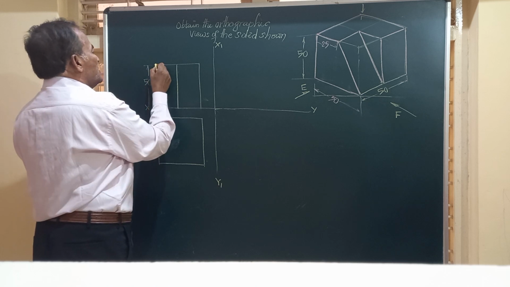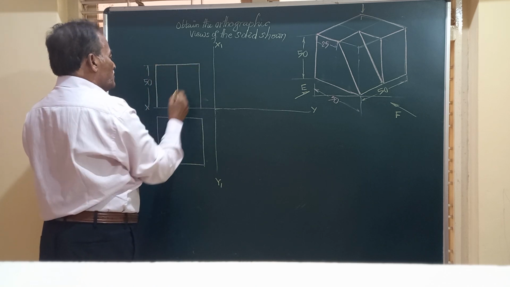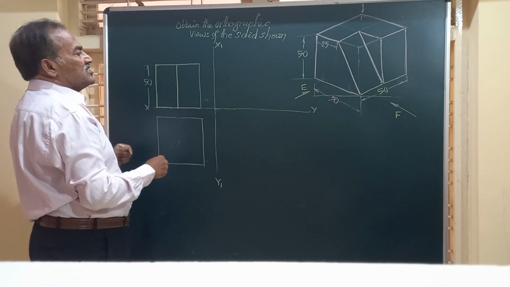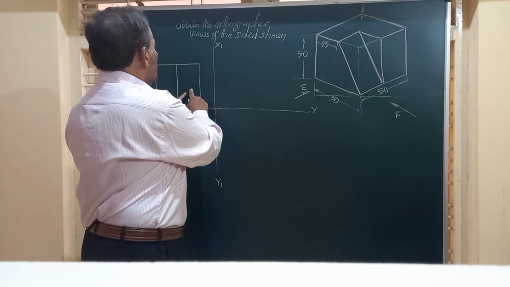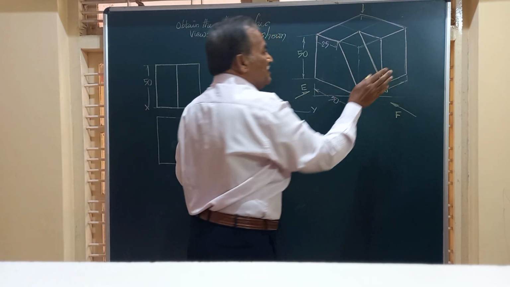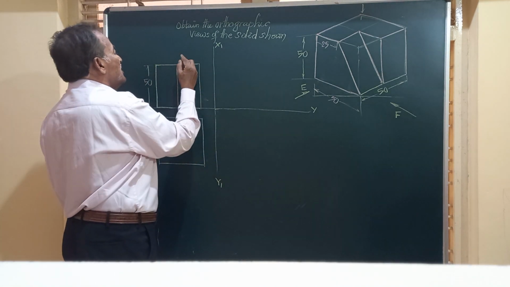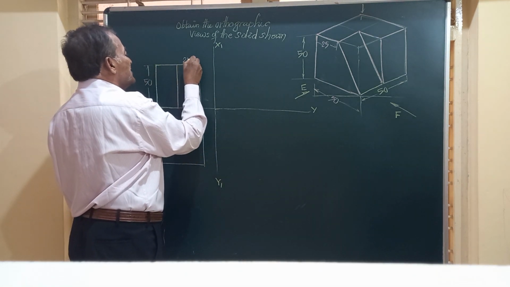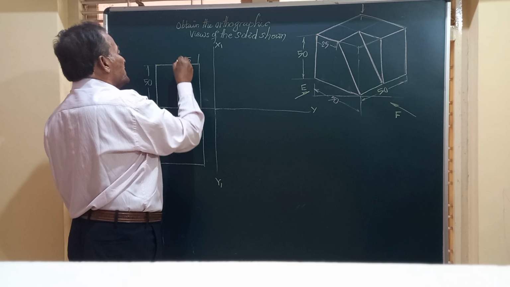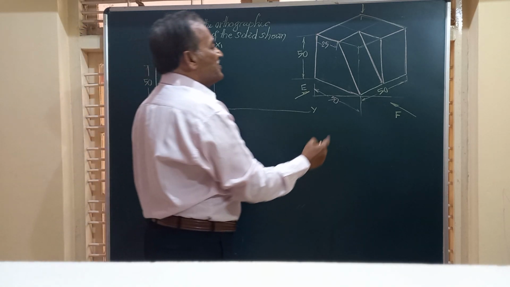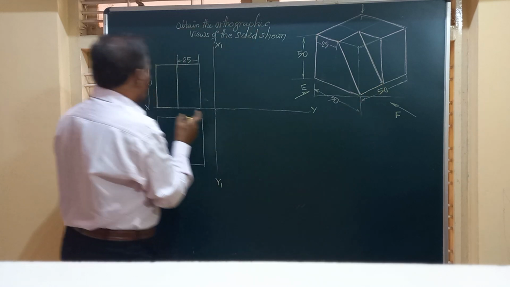So friends, we need more imagination for drawing this. This piece is this rectangle which is exactly parallel to you, and you see the dimension as 25 by 50. This is 25 width and the height of that is 50. And here again this width is 25.